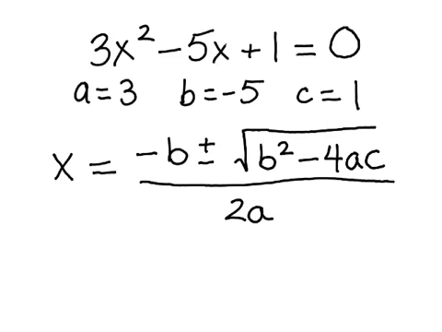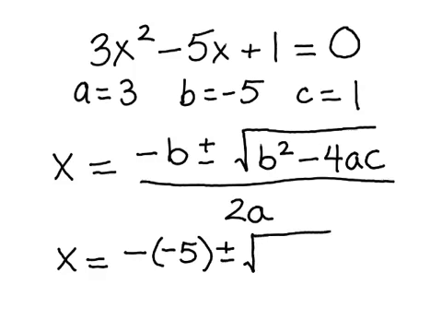Now, to do this, all we're going to do is start plugging in values. So for our example, we have x equal to, well, b is negative 5. So we want the opposite, or negative 5, plus or minus this long square root here.